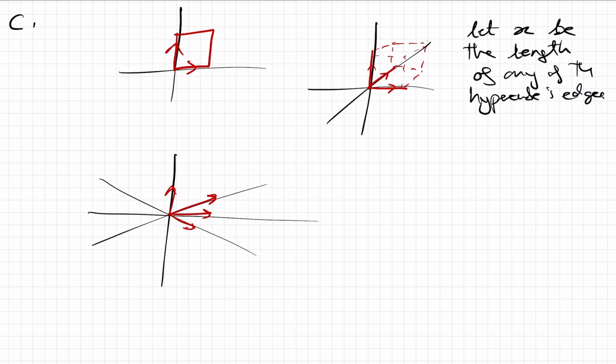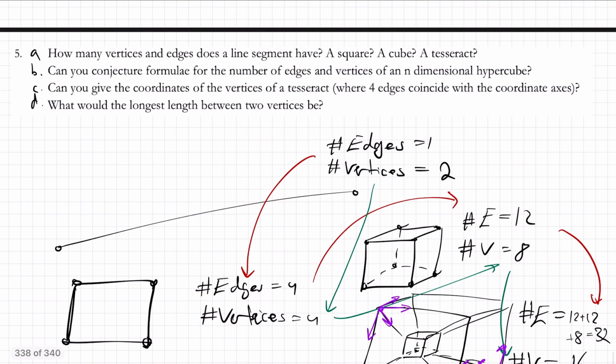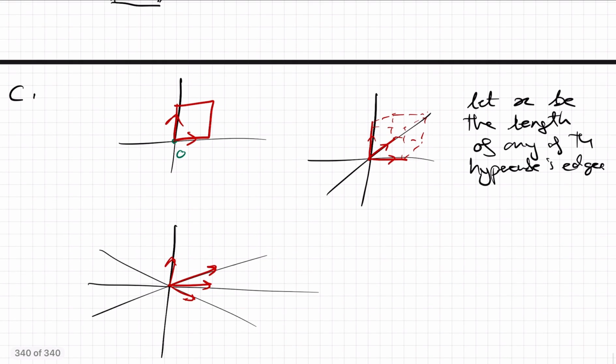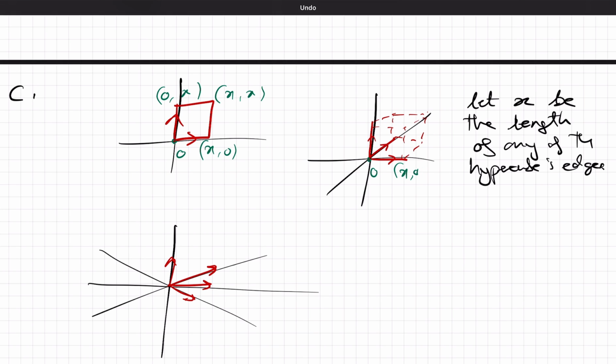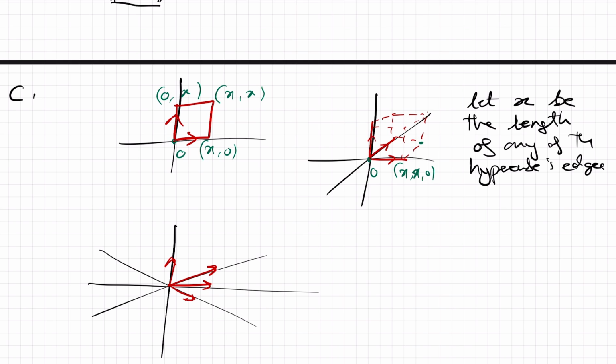So in 2D, if we start at the origin, 0, 0, one edge would be x, 0, x, x, and 0, x. For a cube, the origin there, and then we have all the same for the first side over here. But then if we also increase into this dimension, we have, oh sorry, I should have made these 3-dimensional now. And the z-axis, it's actually wrong, but I'll take it to go this way, just for convenience.